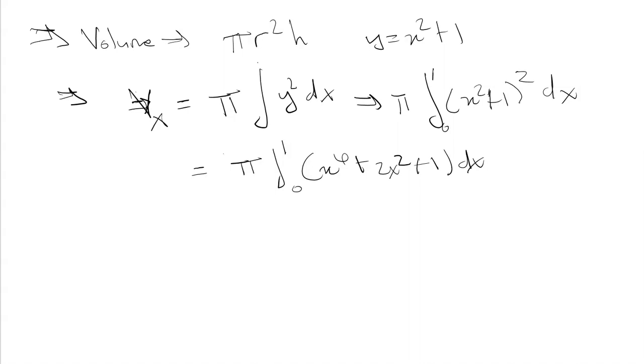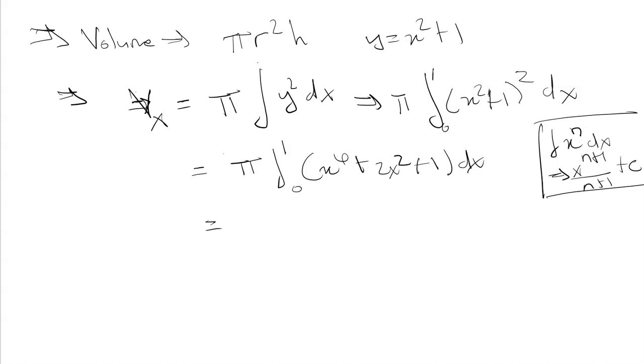So now we're looking at a familiar integral, which I'm going to write here. We know the integral of x to the power n dx is x to the power n plus 1 over n plus 1, plus some constant. This is how we integrate. So we have pi here.